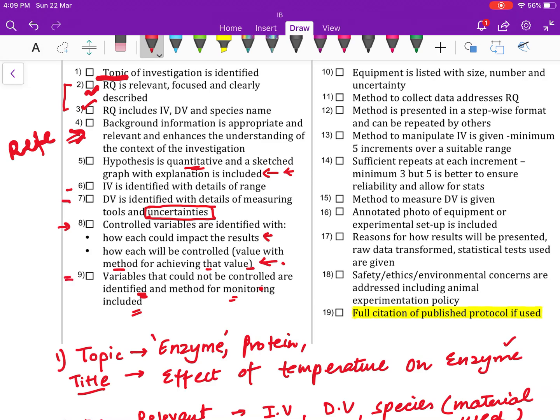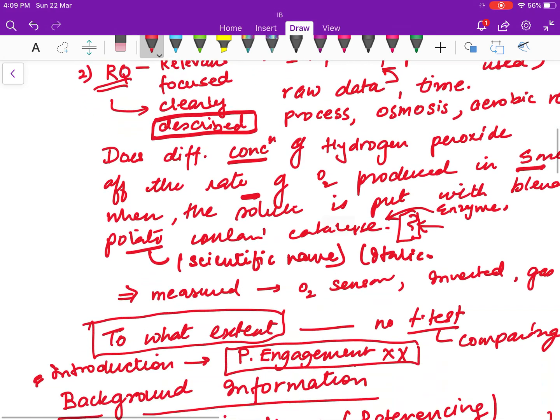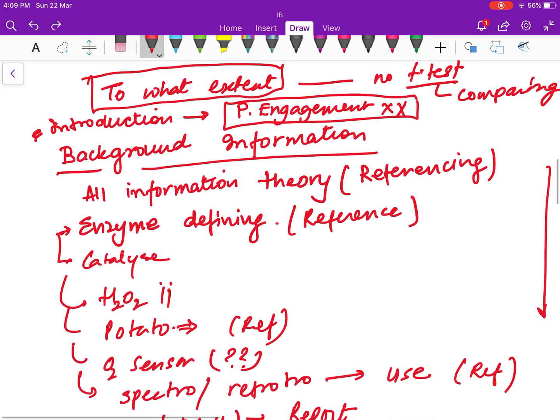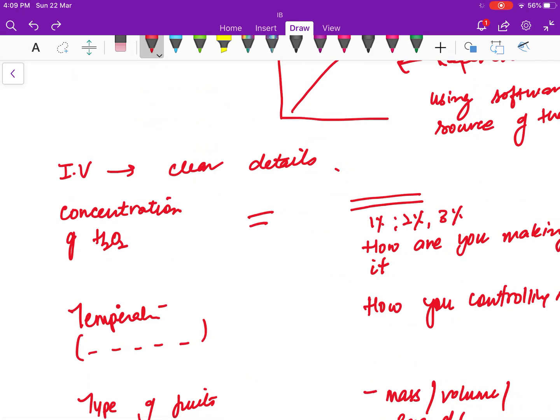So in this example, you know that you are taking potato, but if you are not taking all the samples from one potato and you have to use two potatoes, you cannot control the exact nature of the two materials, so that is uncontrolled.